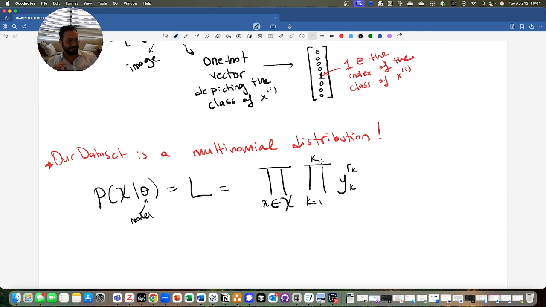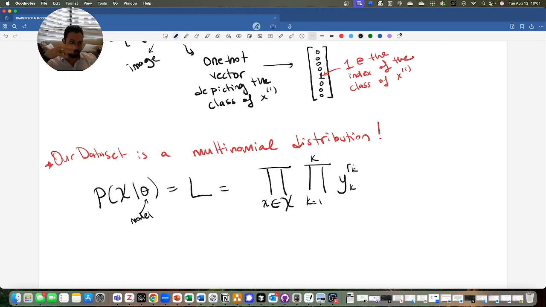This looks maybe too technical, but not much is happening here. The y of k's are my model's outputs of what the probability of the kth class for a given input would be. And r of k is its label. It's either 1 or 0.